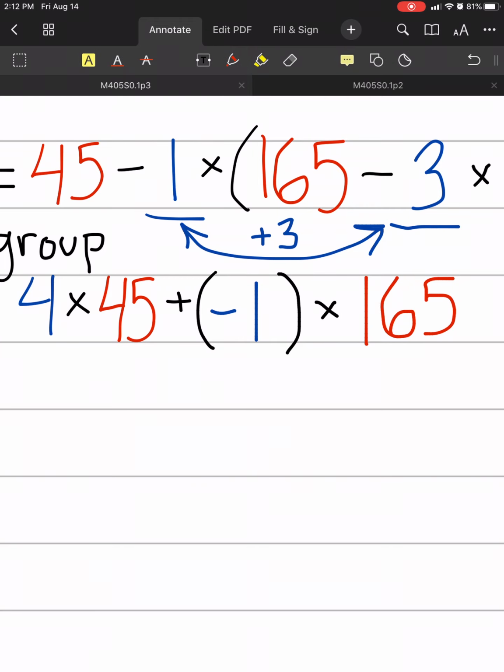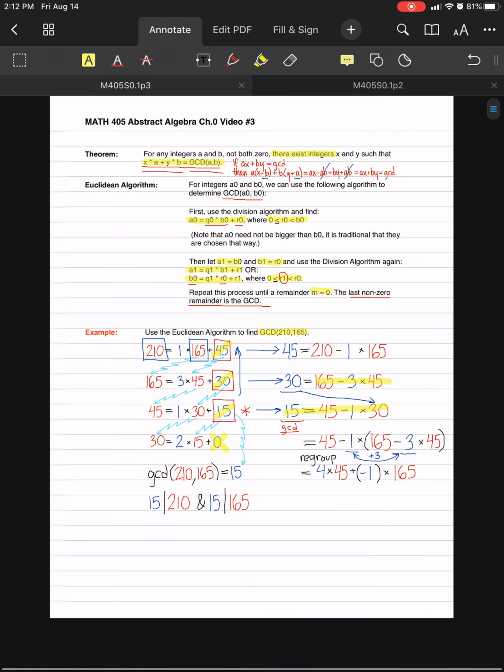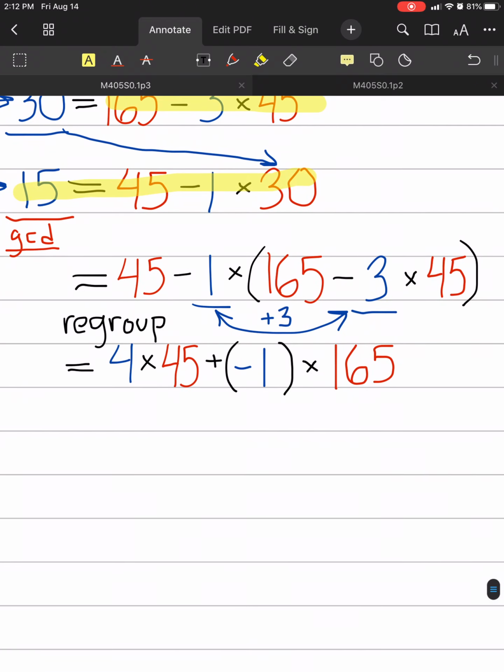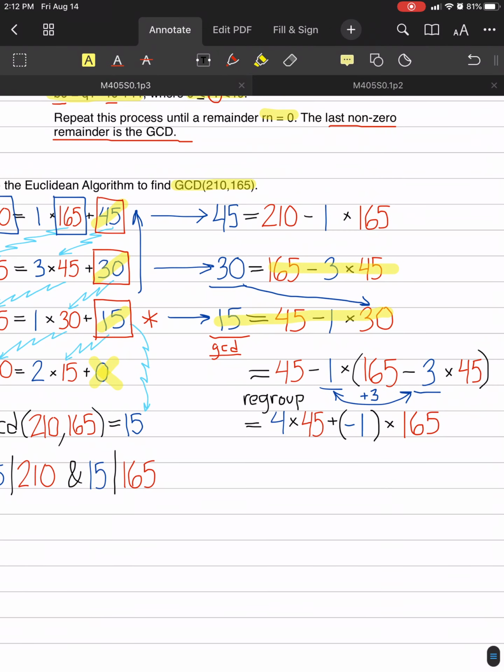You notice we've already gotten a negative number for one of these x and y's here. Unless you have a weird situation, one of these numbers is going to be positive and one will be negative. And don't worry about the question of should we have a weird situation or not. You'll figure it out. And at the end, you should be able to go back and check to make sure your answer works. Okay, so here we've regrouped, we've got a new statement.